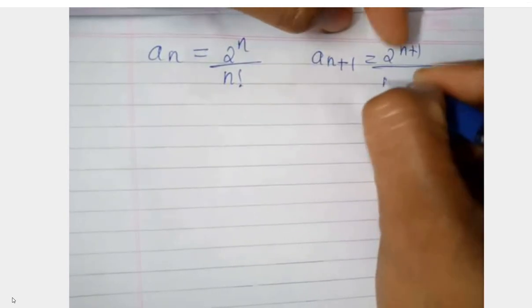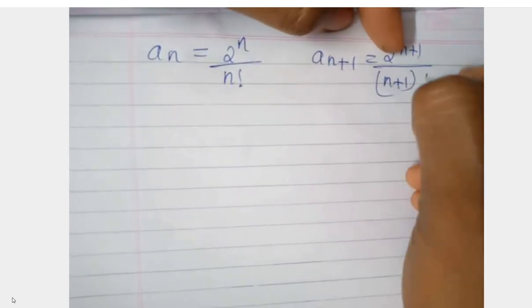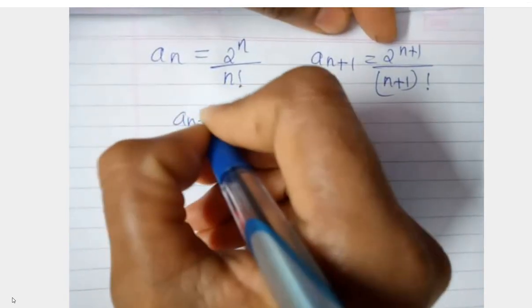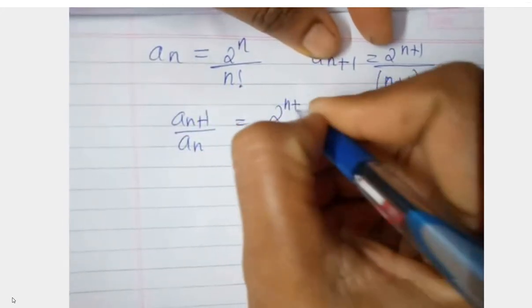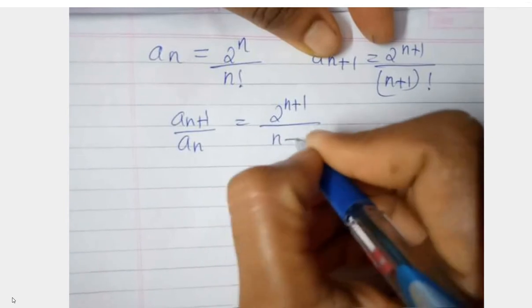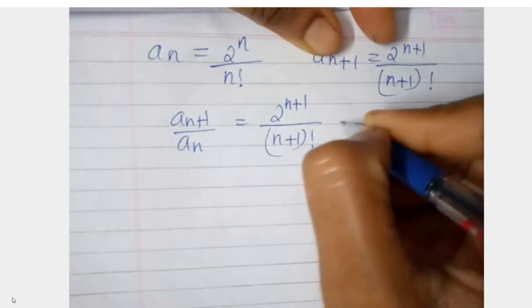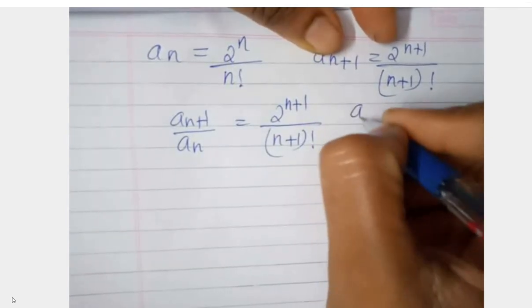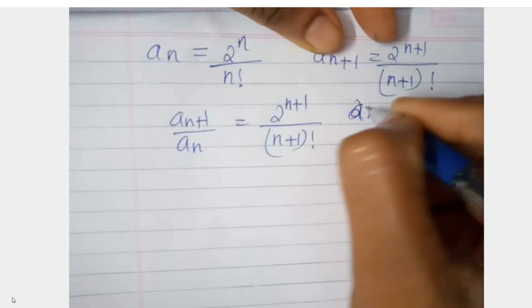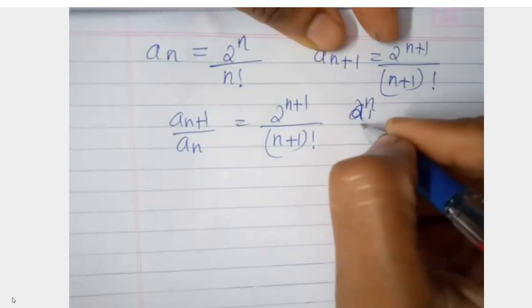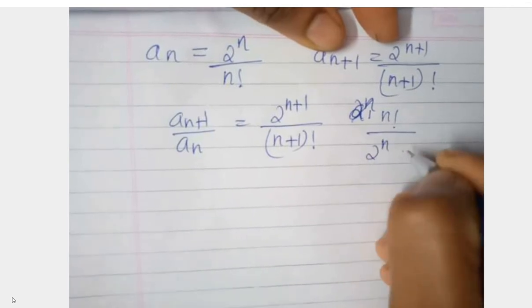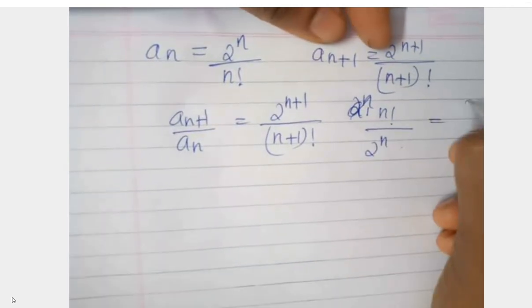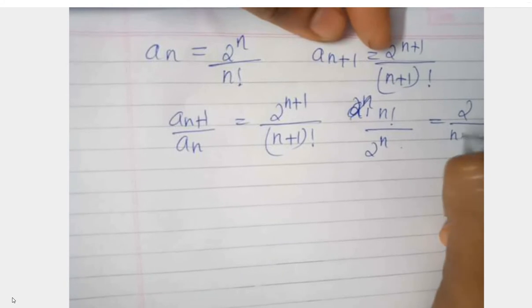Then an plus 1 divided by an equals 2 raised to n plus 1 divided by n plus 1 factorial, divided by 2 raised to n divided by n factorial. The 2 raised to n gets cancelled and this is equal to 2 by n plus 1.